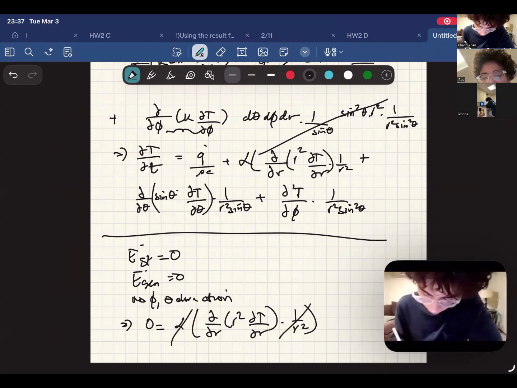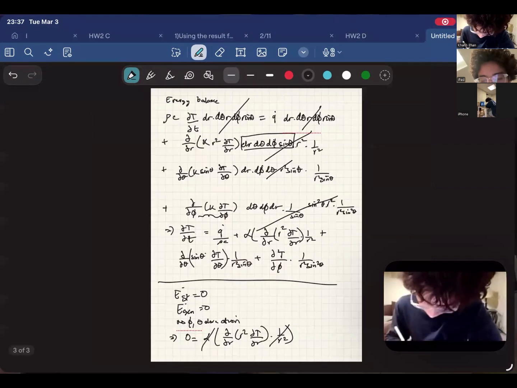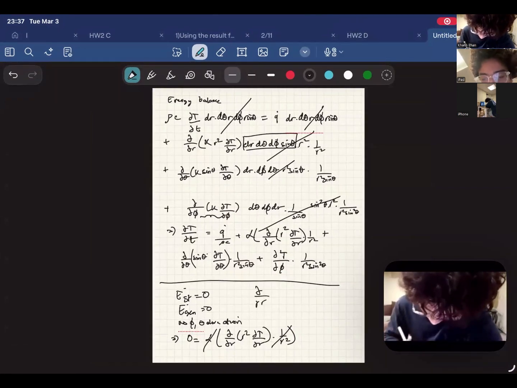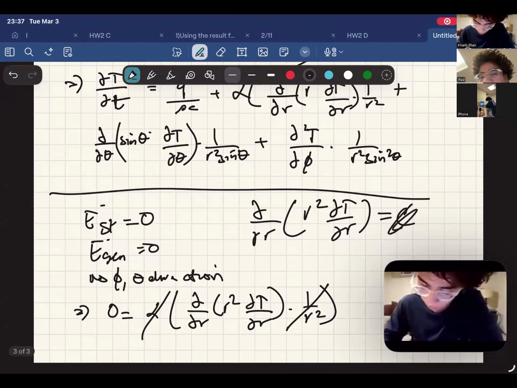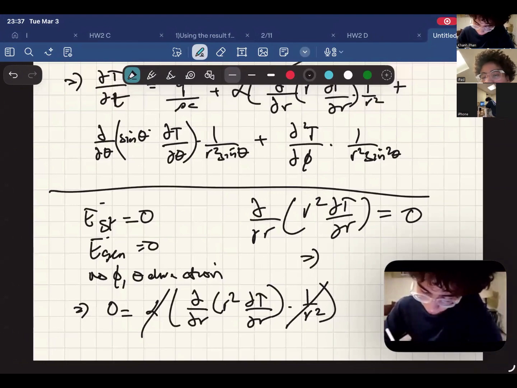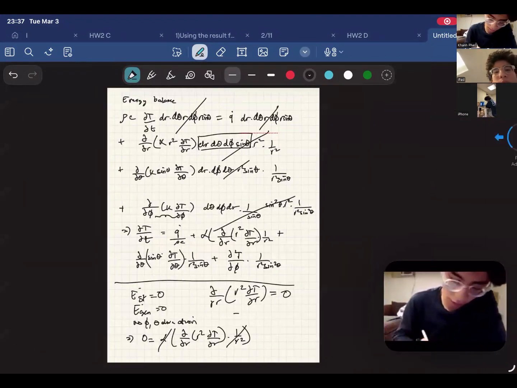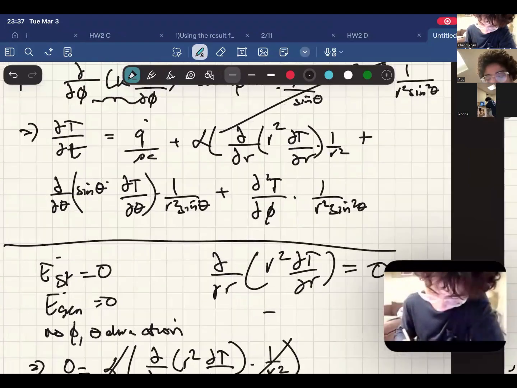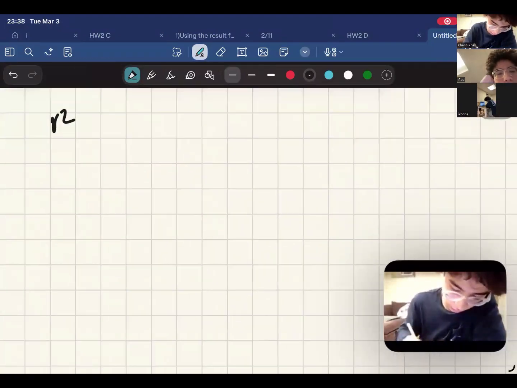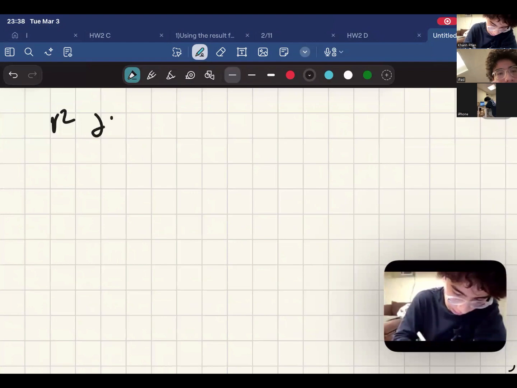So we can cancel out both of these to get d over dr, r squared dT dr is equal to a constant, is equal to 0. Therefore r squared dT dr is a constant.